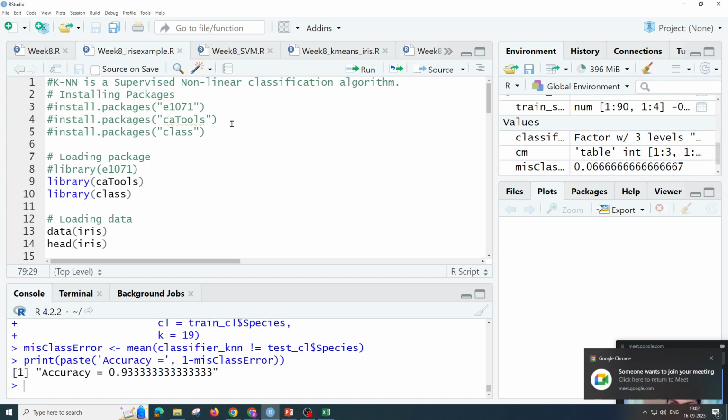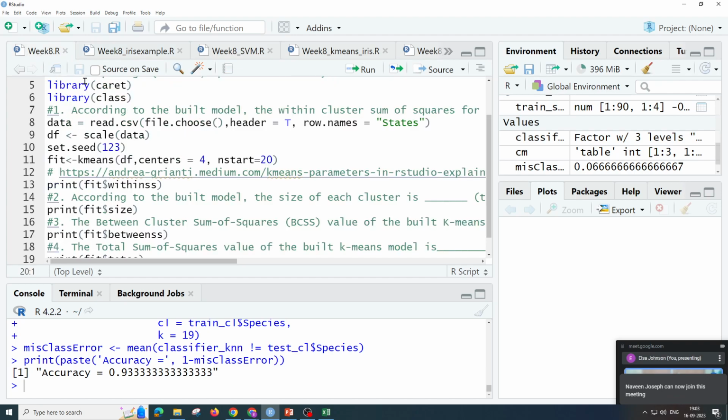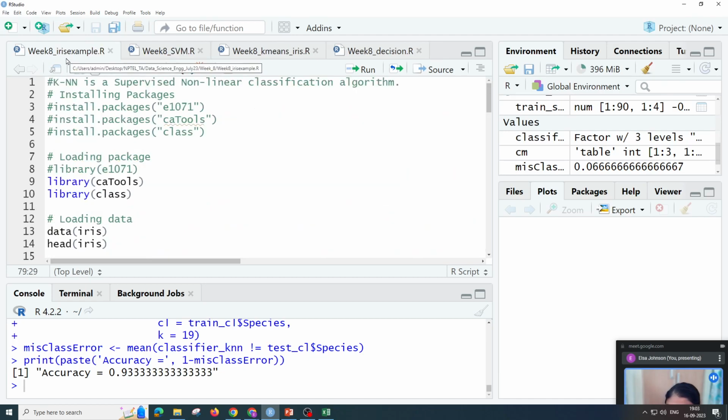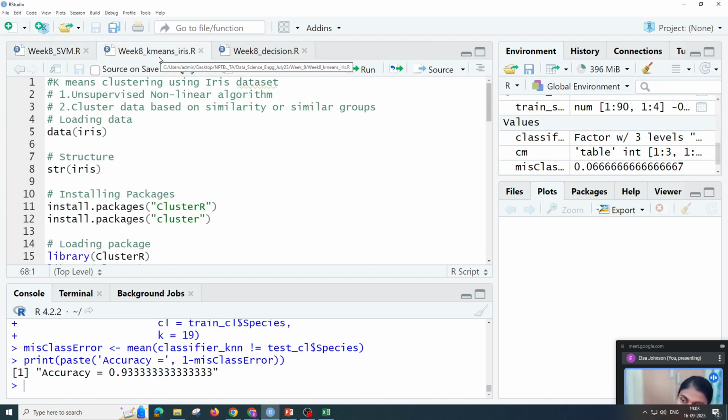So what we will be doing is we'll look at SVM now. Okay, so we have seen k-means clustering, then KNN classification also we have seen. So I think before SVM, first we look at k-means for the same data set. For the IRIS data set itself, we'll use k-means clustering. Okay, it's not required, but we'll see how you can do it.